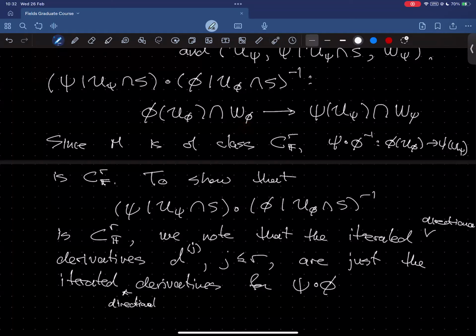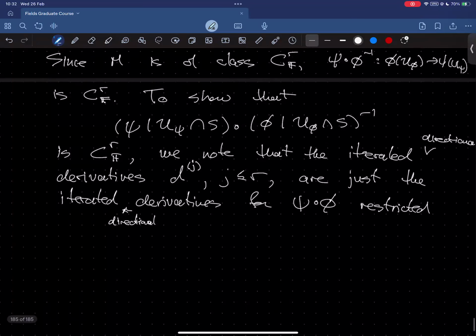So they are just the iterated directional derivatives for U psi restricted to curves in W phi.